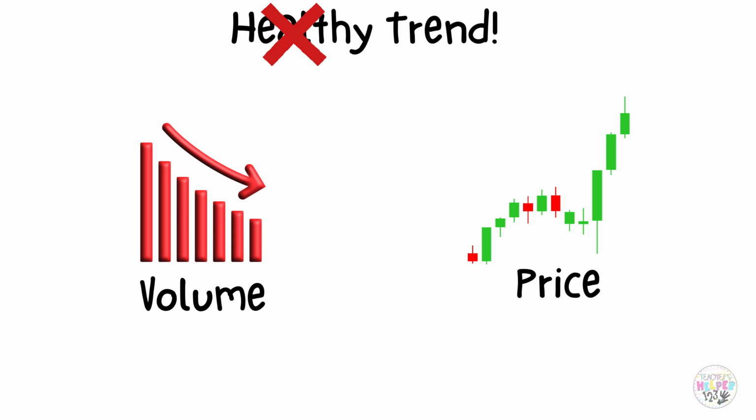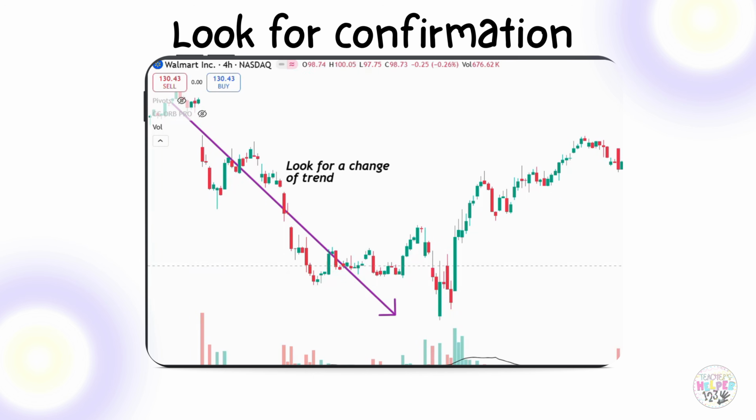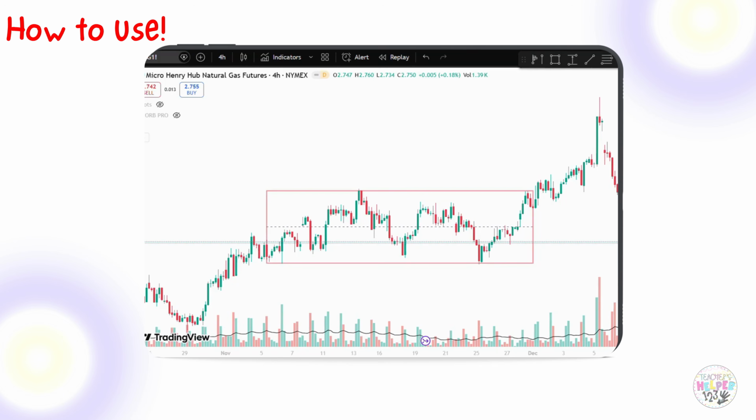So remember in the last video on support and resistance, I told you that one candle is not enough to confirm a trend. Now, to confirm an uptrend or a downtrend, we need multiple bars, and that includes multiple volume bars. So the way that I use this information, the best way, is to look for stocks that are in consolidation.